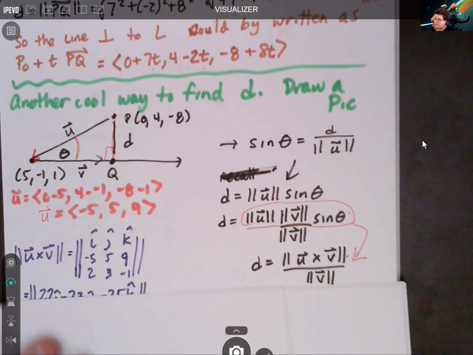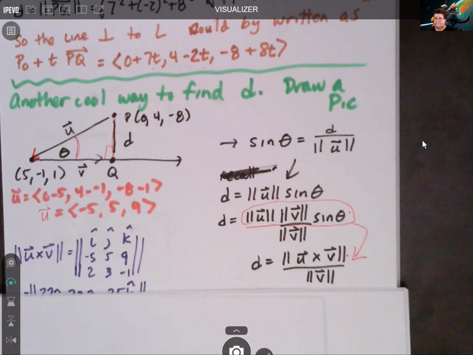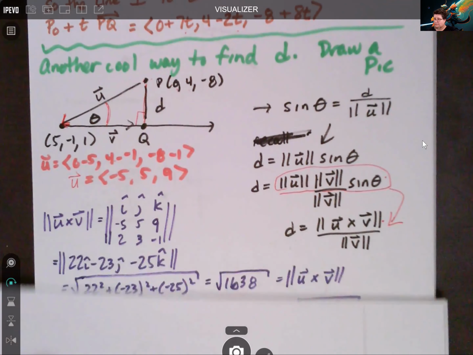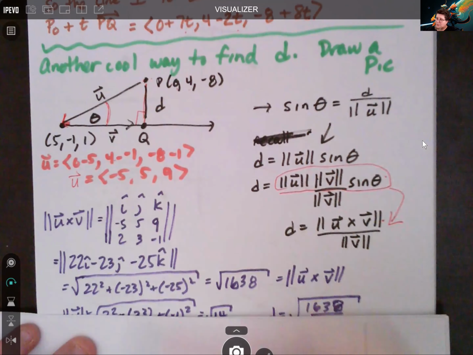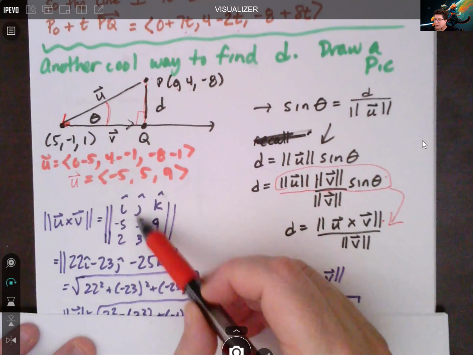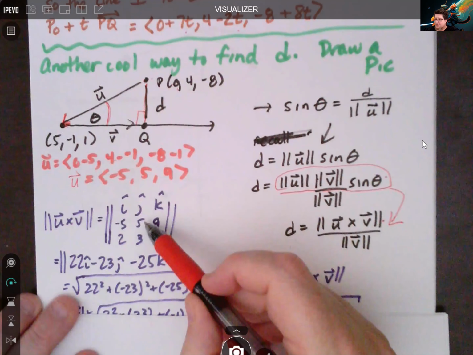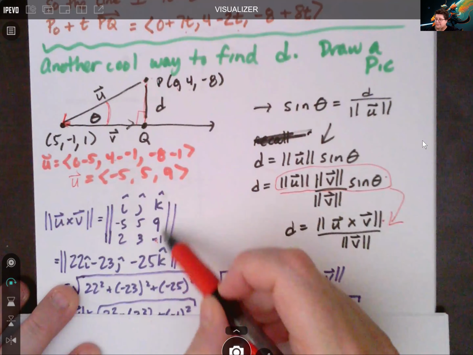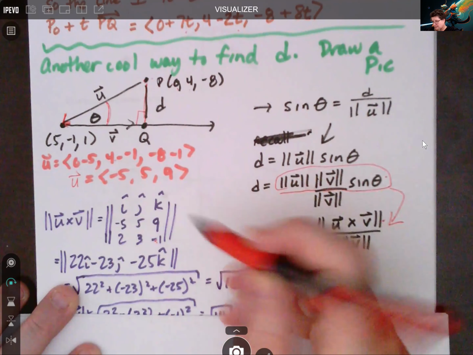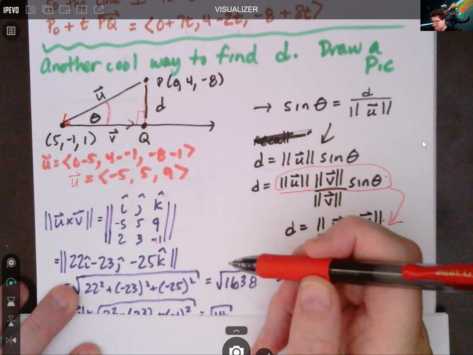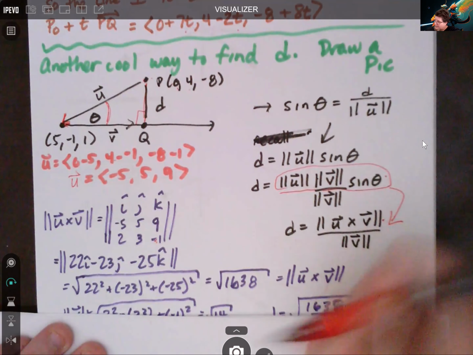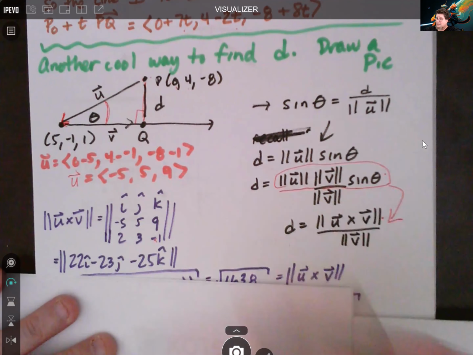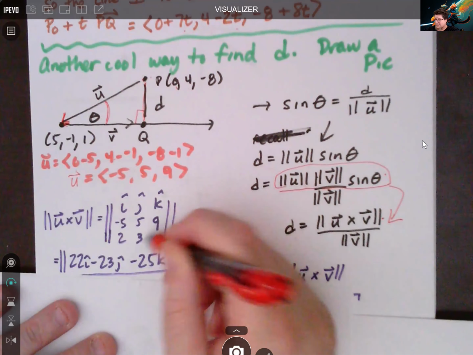So let's do the cross product. I kind of sped it up a little bit. I didn't show all the steps of the cross product. You should get, when you do it, 5 times -1 is -5 minus 27. Might have got the wrong value. Did I get the wrong value?